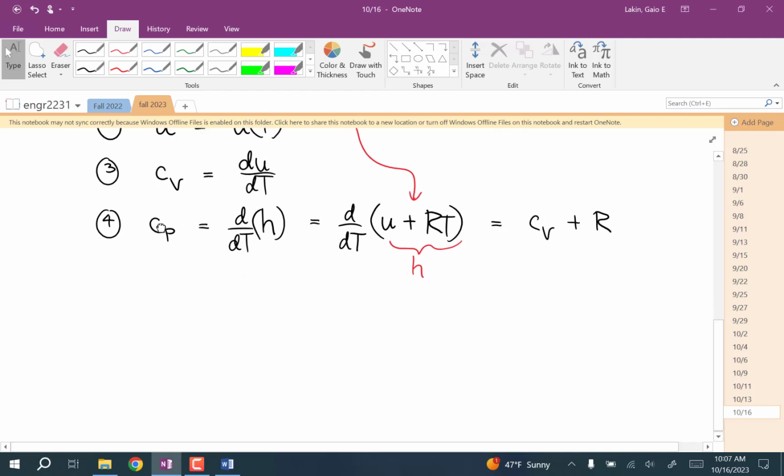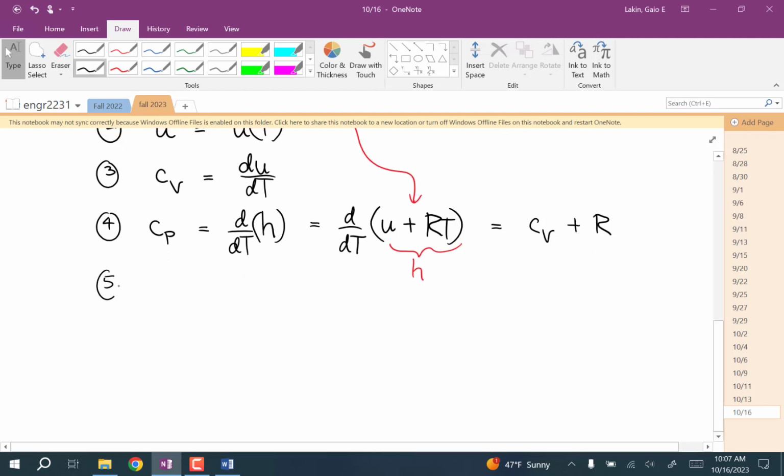And now there are two more things that we just learned in the second law. The first one I'll break up into two parts. The change in specific entropy is equal to Cp times the natural log of T2 over T1 minus R times the natural log of P2 over P1.